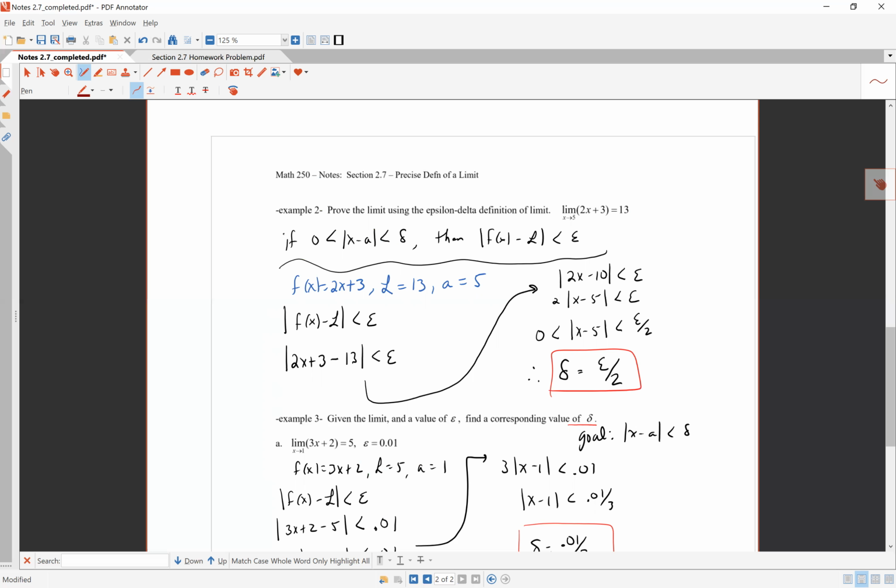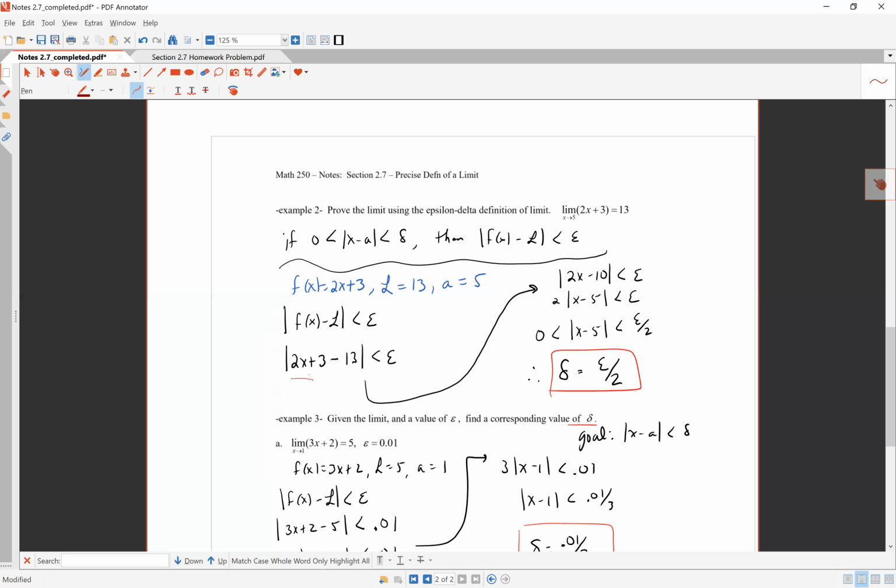We're looking at the limit as x goes to 5. As x goes to 5, we know that f of x is 13. So here's your function.